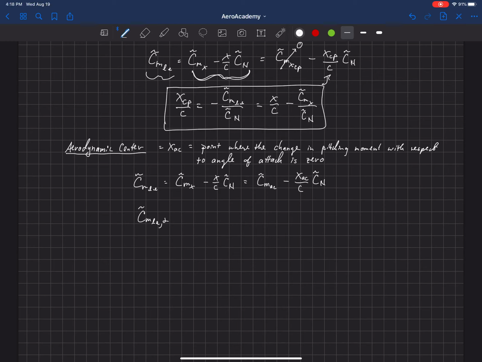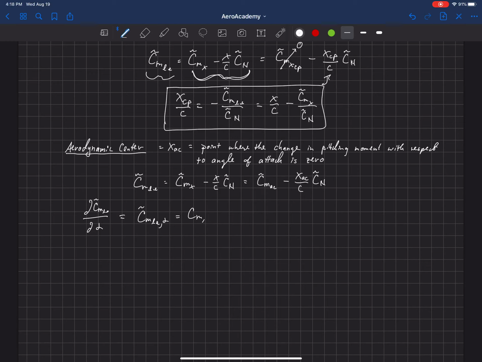Now, I use a comma to represent a derivative. So comma alpha means the change in the pitching moment at the leading edge with respect to alpha. So in fact, I'll just write that out here: C M LE comma alpha. I'm going to use shorthand, just a comma there to denote that. So if we continue through on this equation, we're just taking the derivative of everything with respect to alpha.